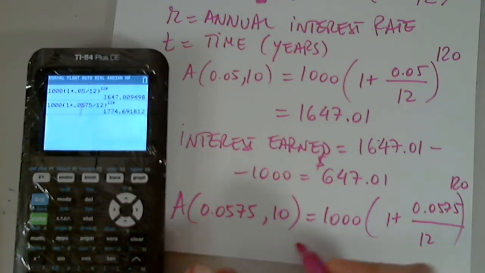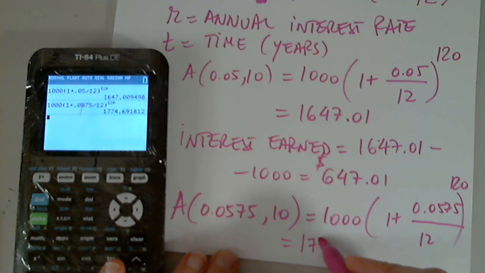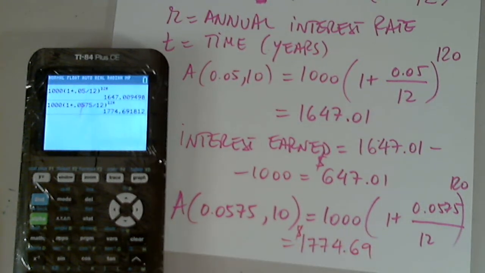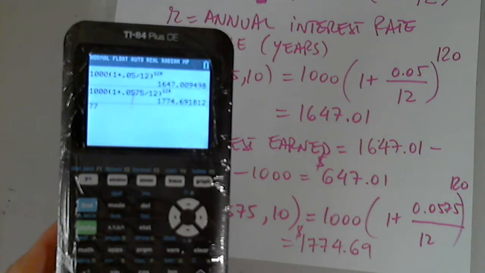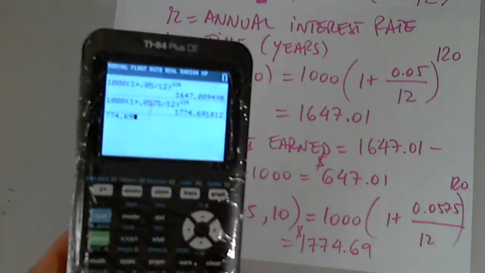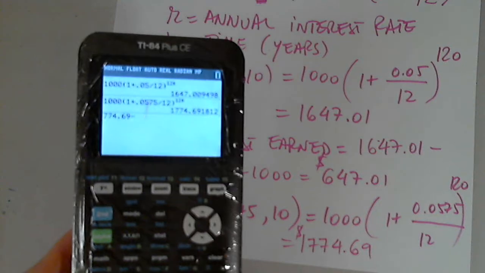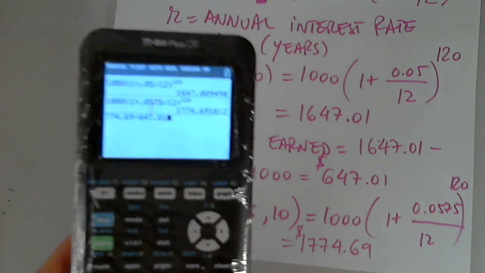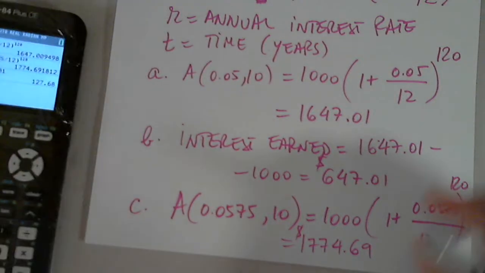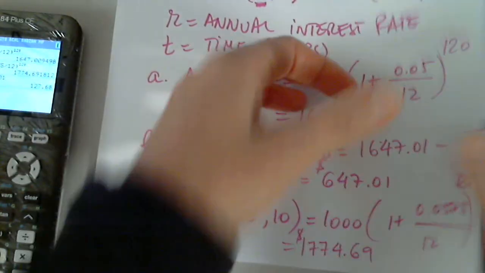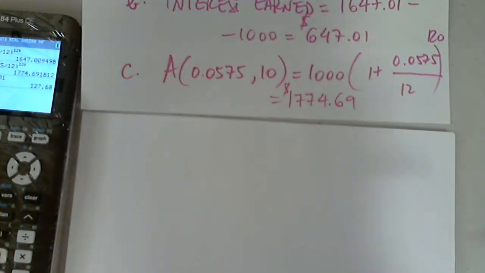So the answer is 1,774.69, and the question was asking us how much more interest can be earned. So it's the difference. 774.69, and I subtract 647.01, and the extra is 127.68.